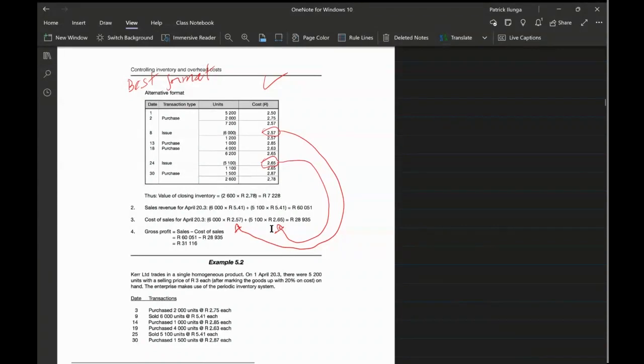So some of you might ask, what is happening here? Remember the cost of sales? We purchased something, it cost us money. They're using these two issues because there is a 6,000 and there is another issue of 5,000. So we want to find out the cost of sales. We sold these things, but how much did it cost us?